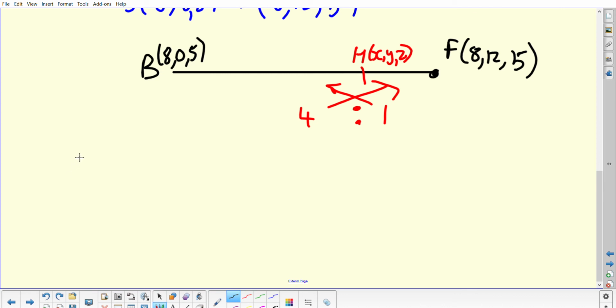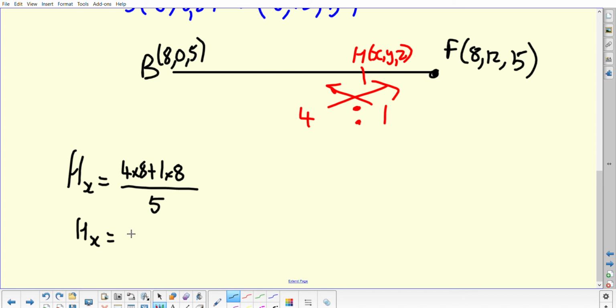So I'm going to work out the X coordinate of the point H by doing 4 times 8 plus 1 times 8. So 4 times this 8 and then 1 times this 8. So you're going with the X's, and then we're totaling to get the 5. So that's going to give us the X coordinate 40 divided by 5. So that is going to be 8.